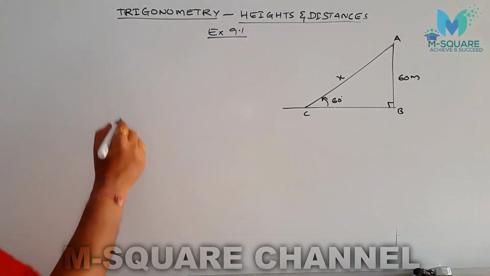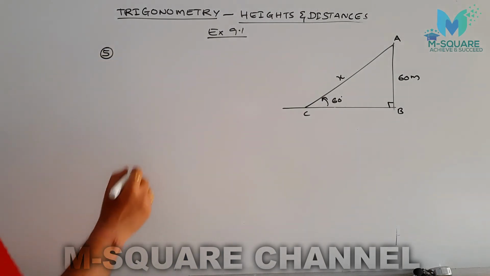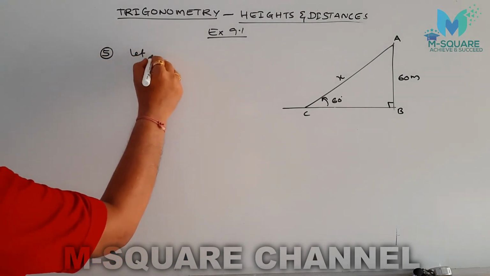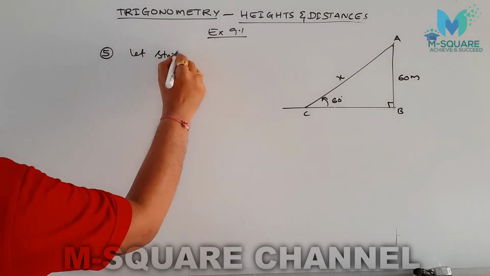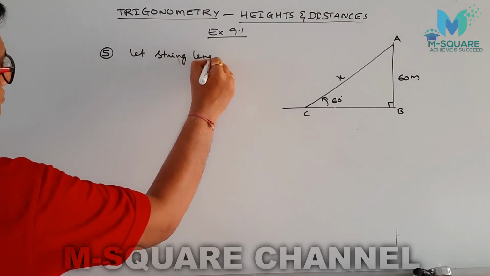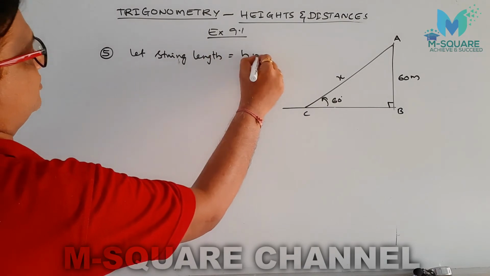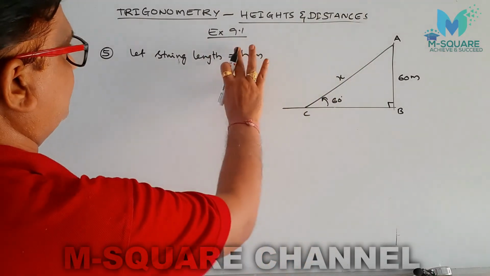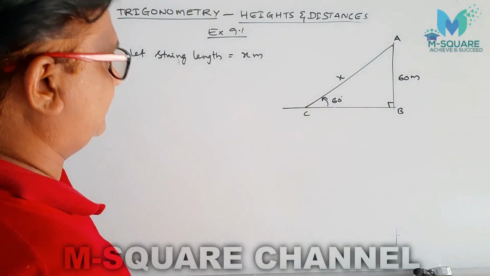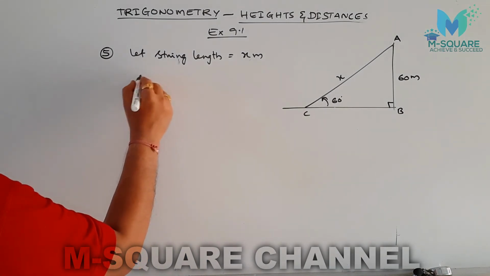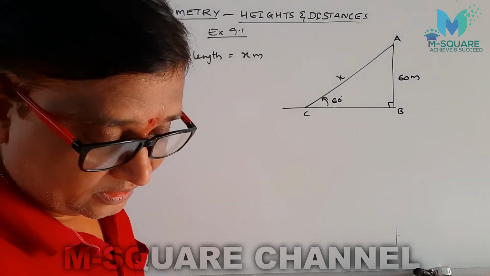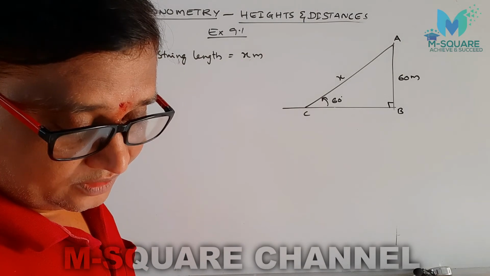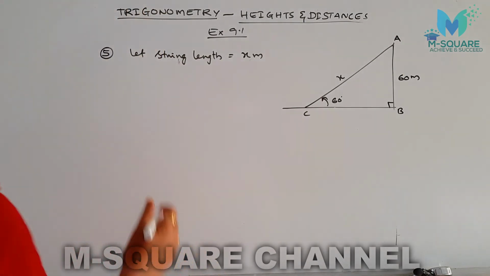Here question number 5, let the string length equal x meters. We don't know the string length, that is x meters. They are given that a kite is flying at a height of 60 meters above the ground.